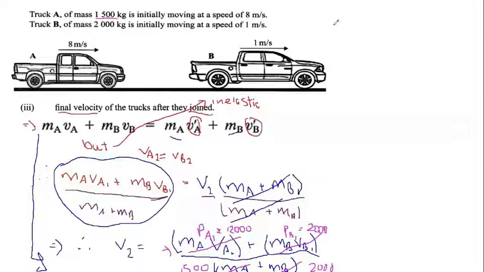So plugging in all my values nicely, I'm going up top now. V2 is equal to 12,000 plus 2,000 divided by 1,500 plus 2,000.